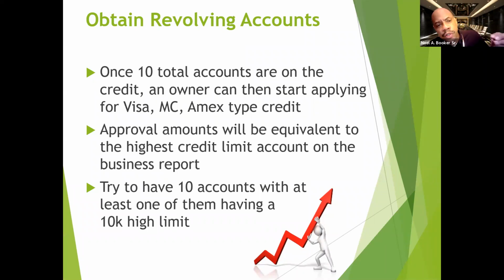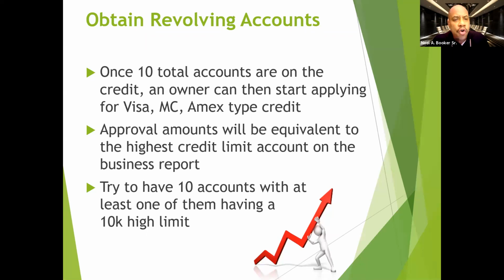So what you want to do is when you get these revolving accounts, you want to pick one of these revolving accounts and use it more often. And when they see you making payments on time, then you call them back and say, I want to increase my limit. You want to ask them to increase your limit. You could do that after you've made 3 on-time payments.